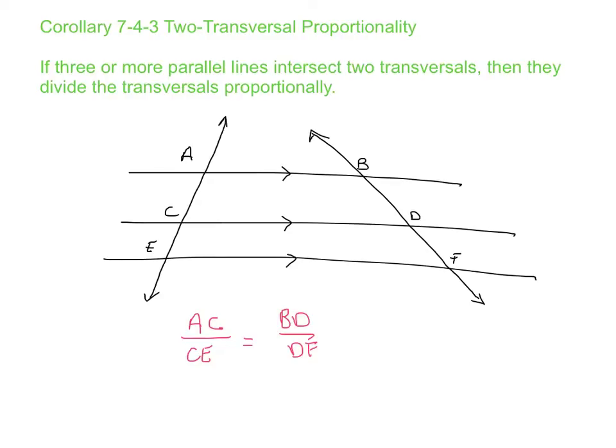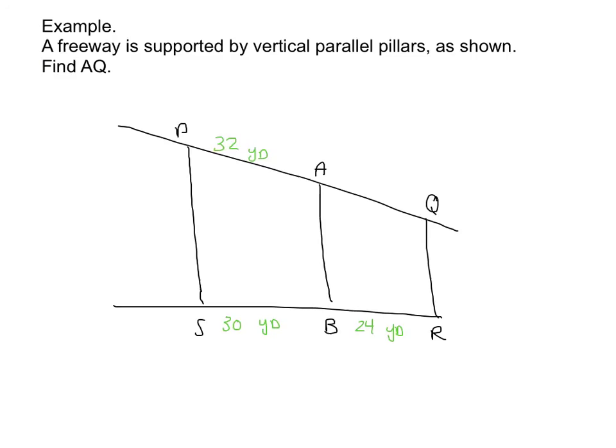And that's all this corollary tells us: if we have these transversals cut by parallel lines, then the ratios of the little segments are going to be equal to each other. Now we have an example.